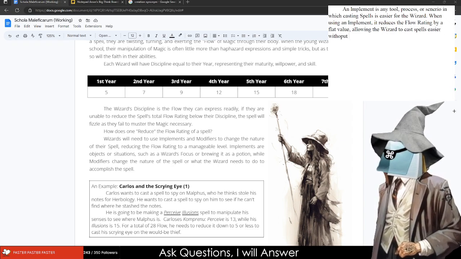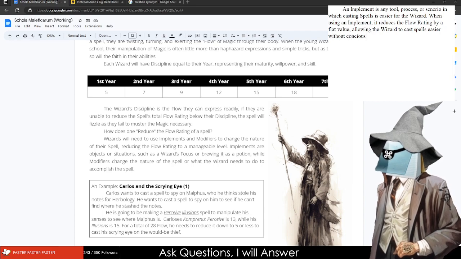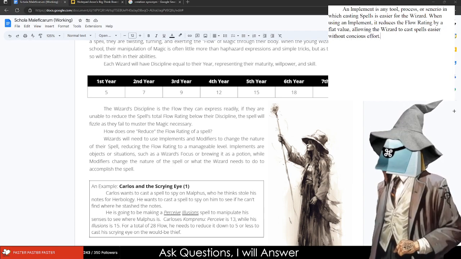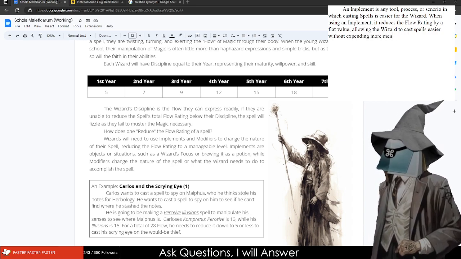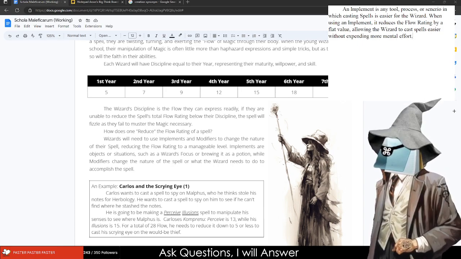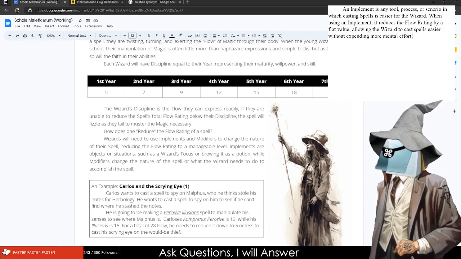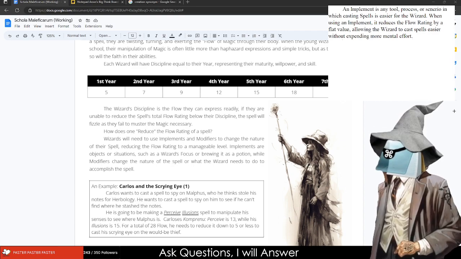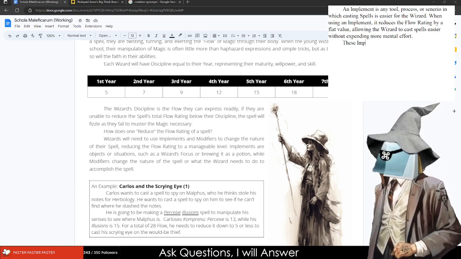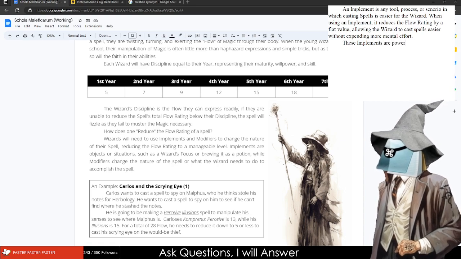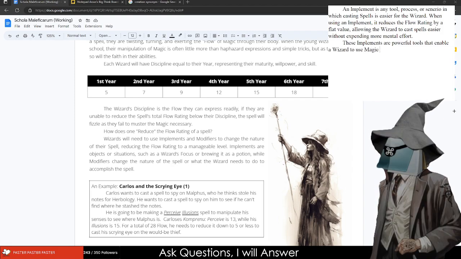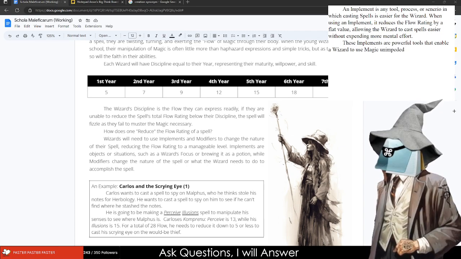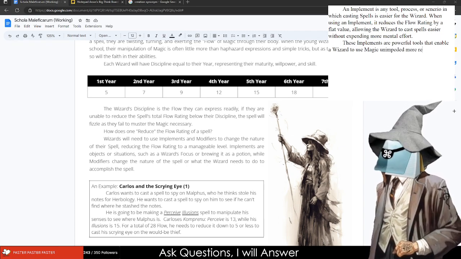easier without conscious effort, without expending more mental effort. These implements are powerful tools that enable a wizard to use magic unimpeded more regularly.